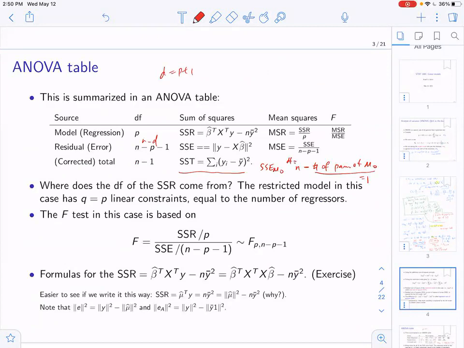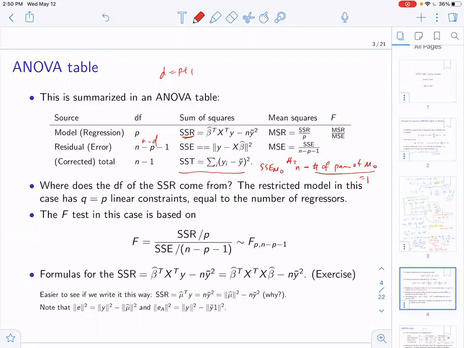DF equals. And then once you have this, you write it this way, and then you divide this by its degrees of freedom. This is called the mean squared regression. And divide this by its degrees of freedom. This is called the mean squared error, mean squares of regression, mean squares of error. And then the ratio is just the F statistic.